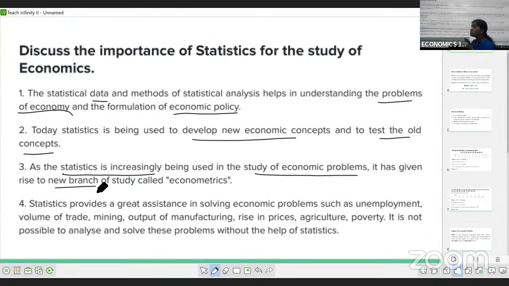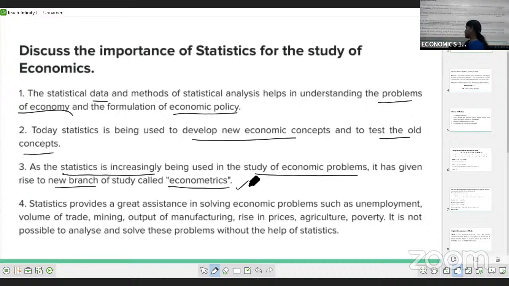That new branch of study, we can call it econometrics. So it is a new branch of study. Why has it come? Because statistics is being used in understanding economic problems. Because of that, this econometrics has come.